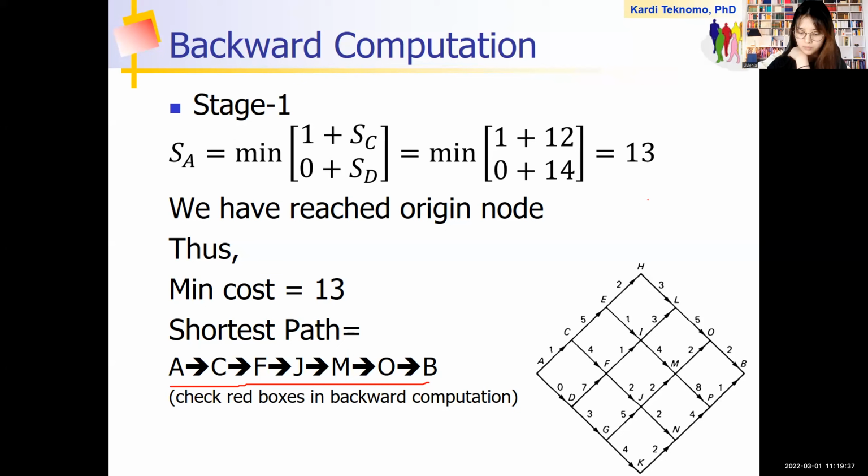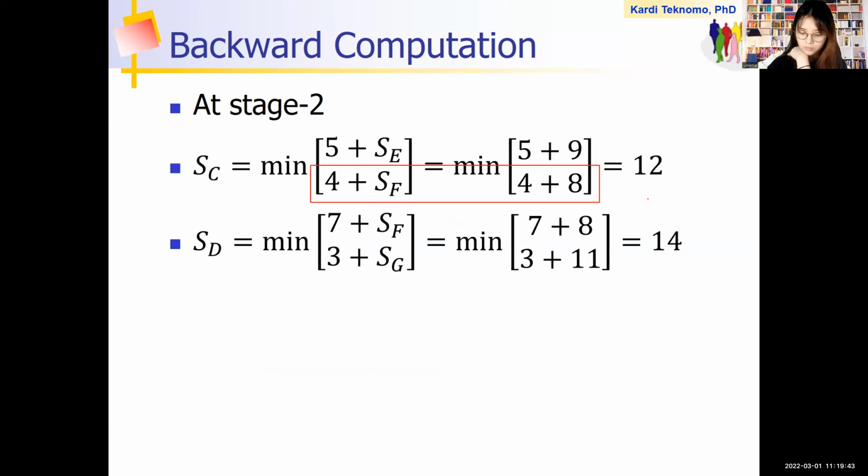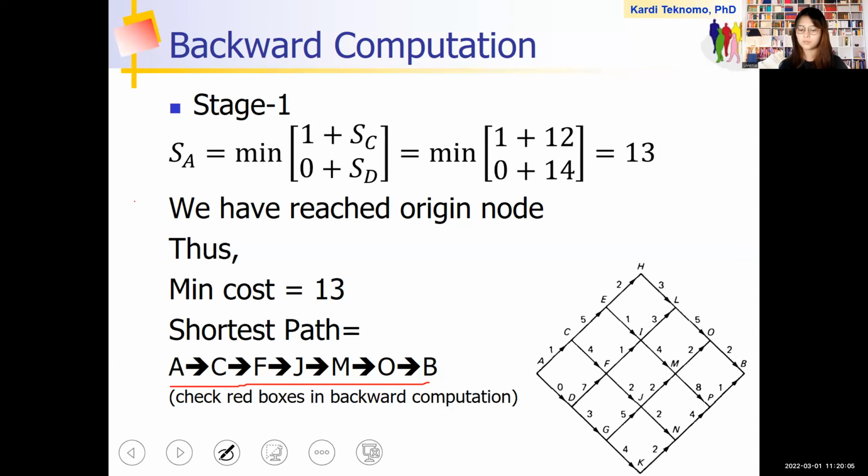So in that case, A going to C. And then from C, you check. If I pass through E, it will give me 14. If I pass through F, it will give me 12. So then I will choose F. And so on. Can you see that or not?